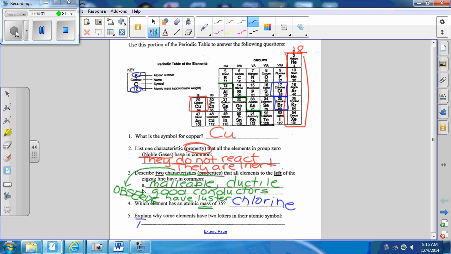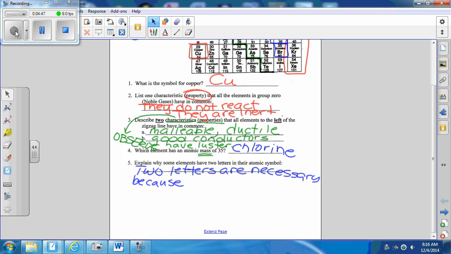So 2 letters are necessary so we don't get confused of their identity. Because some elements share the same first letter. Some elements start with the same letter.